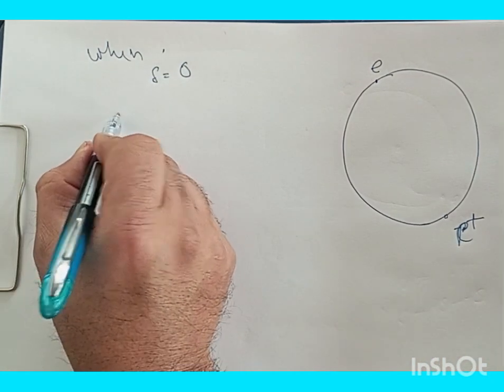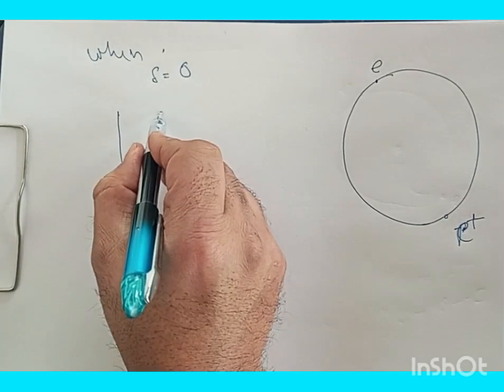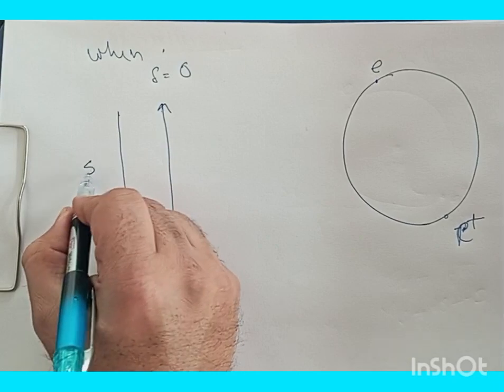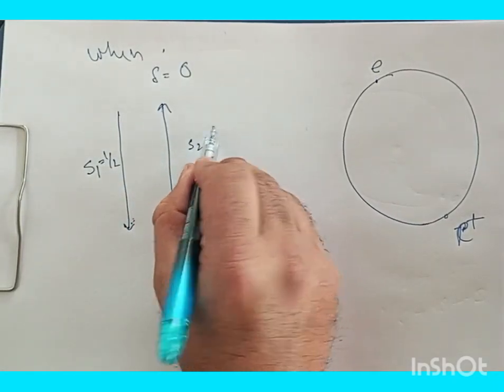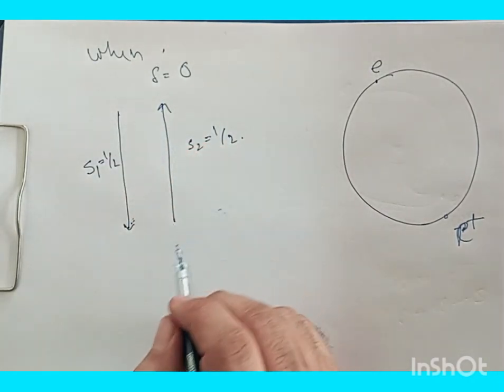We can show them like this: one arrow down, and another arrow up, so this is S1 equals half and this is S2 equals half. The two spins are antiparallel.